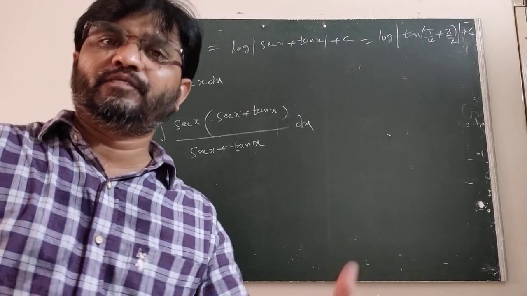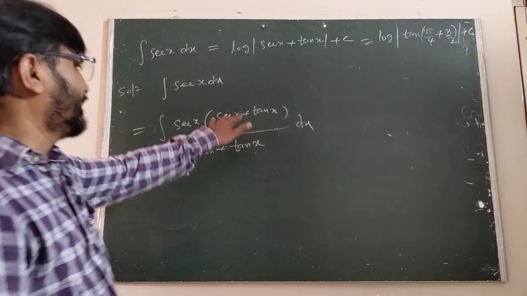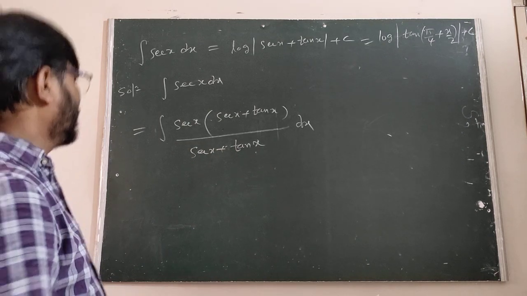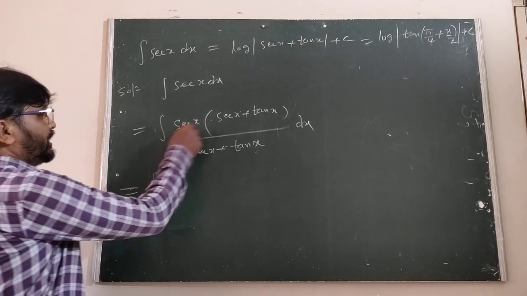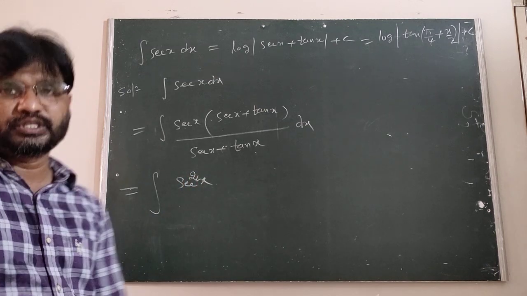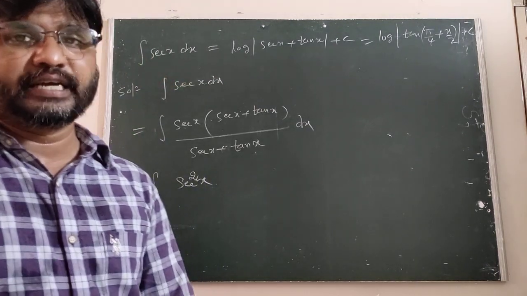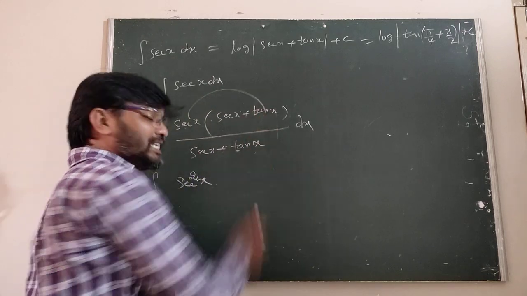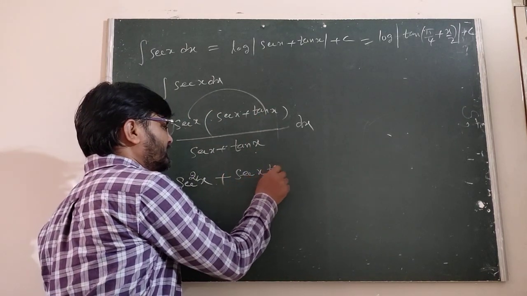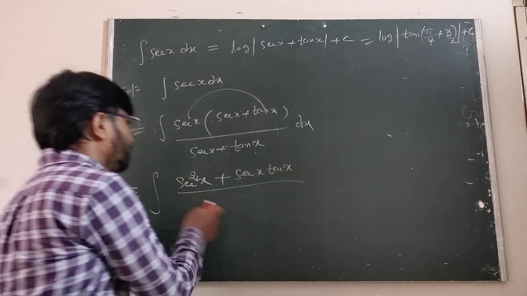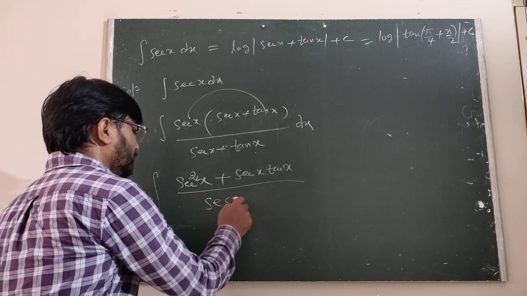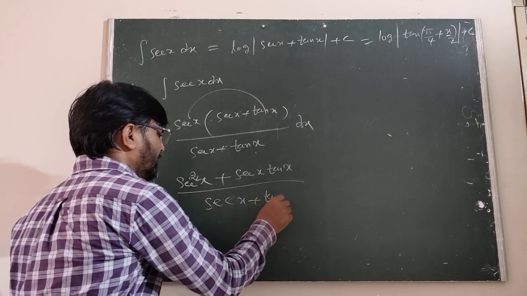Here we can write secant into secant is secant square x, and secant x into tan x, whole by secant x plus tan x.